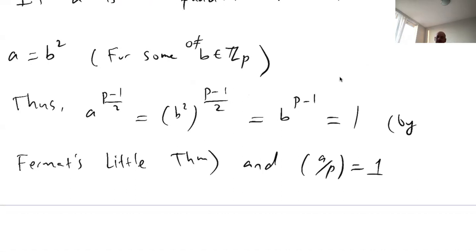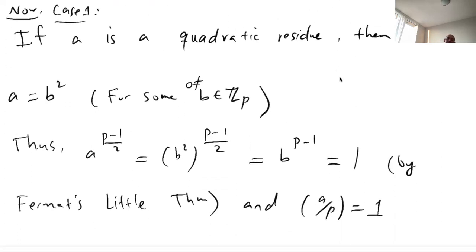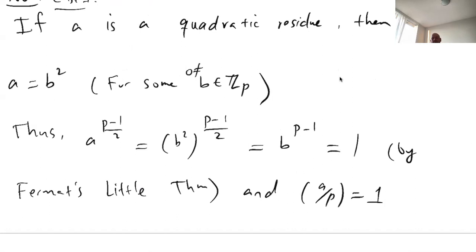So, we are saying that case 1, basically. Let's say case 1. If A is a quadratic residue, by definition of quadratic residue, A can be written as B squared. So A to power P minus 1 over 2 we simplified to be equal to 1.